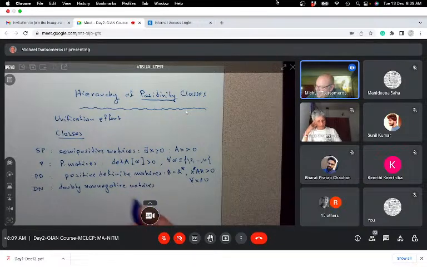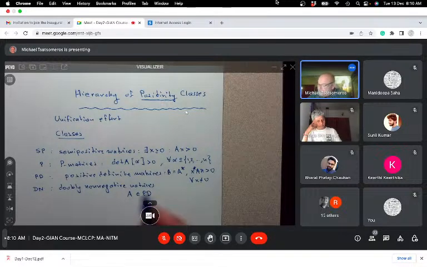They are matrices A that are positive definite, and they're non-negative. So they're non-negative positive definite matrices. We will refer to them as doubly non-negative.